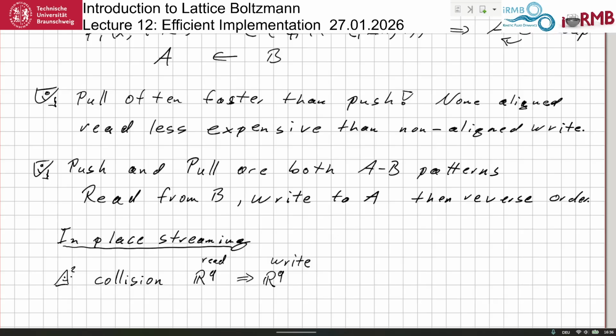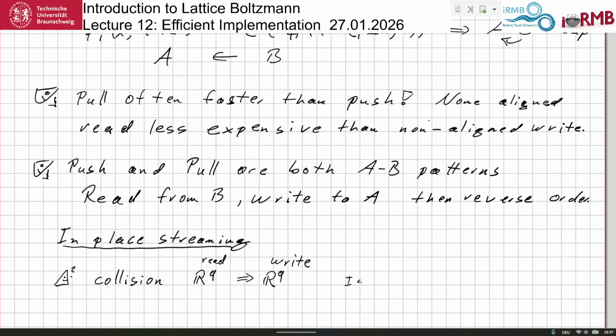This is different from finite differences, for example. There you always need the values at your neighbor. If you do a very, very simple forward-in-time finite difference, you want to output one result at each point that depends on two neighbors. So you have this discrepancy, and you have to hold your neighbor's data. Here you don't need to do this.